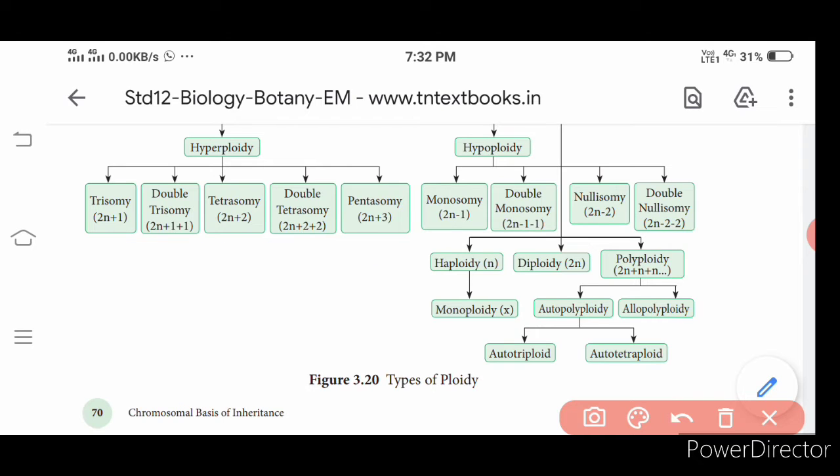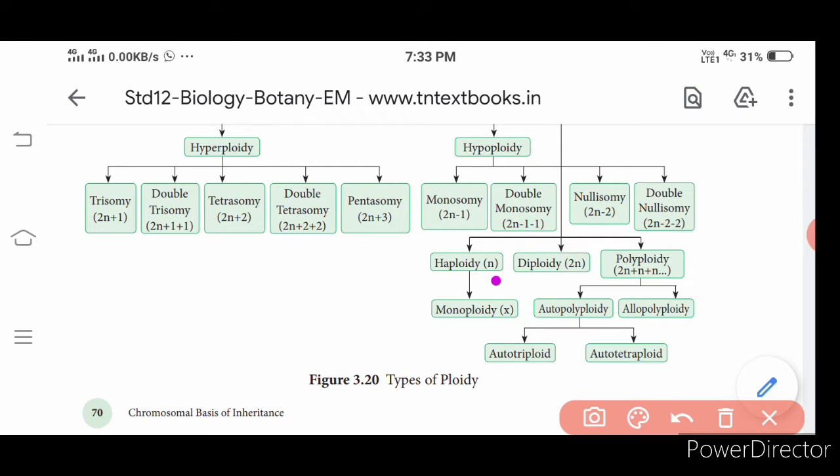Hypoploidy: you have monosomy, 2n minus 1. Double monosomy, 2n minus 1 minus 1. Nullisomy, 2n minus 2. Double nullisomy, 2n minus 2 minus 2. Do you follow? These are the conditions that we will learn in detail. Then you should understand the terms here.